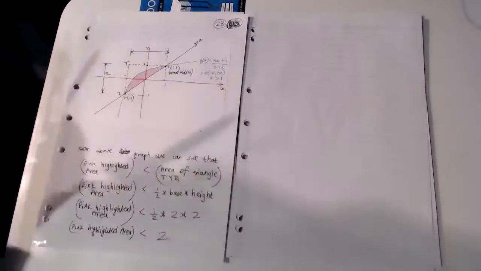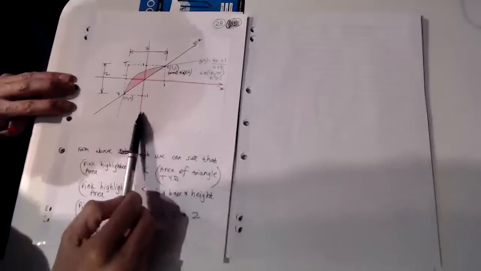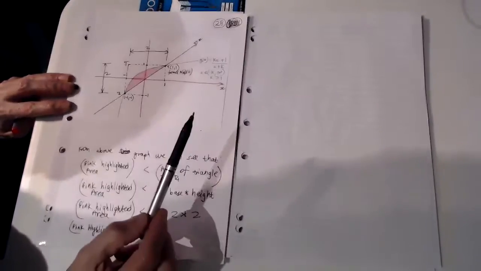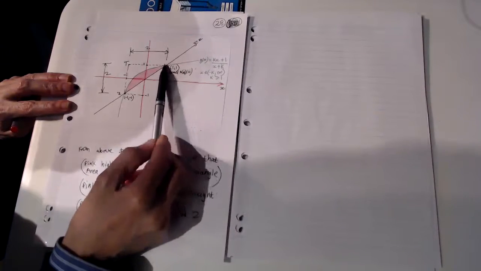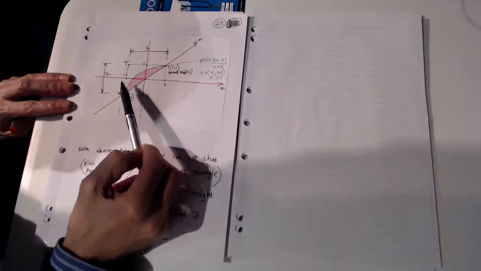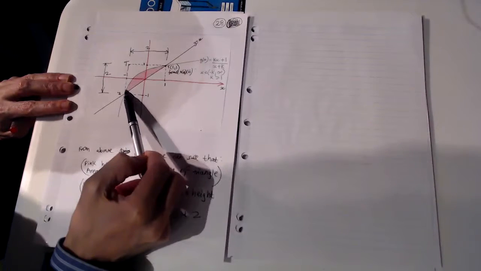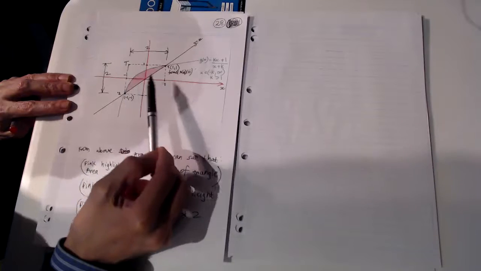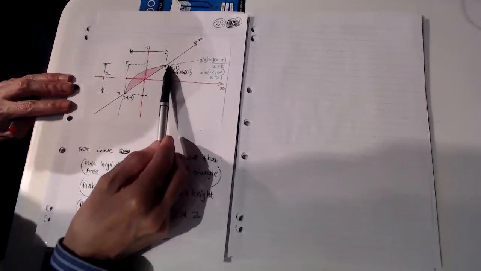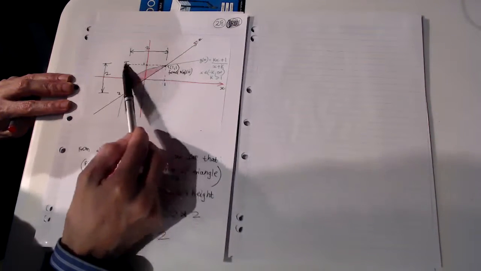I again re-photocopied the same diagram here. We know that intersection point there is at x equals 1, and that intersection point is at x equals 1. So what's the horizontal distance between them? It's 2, as shown here.